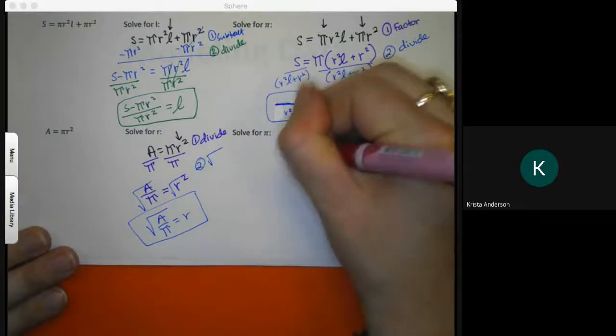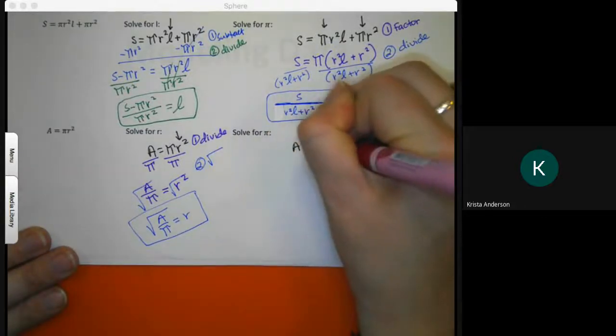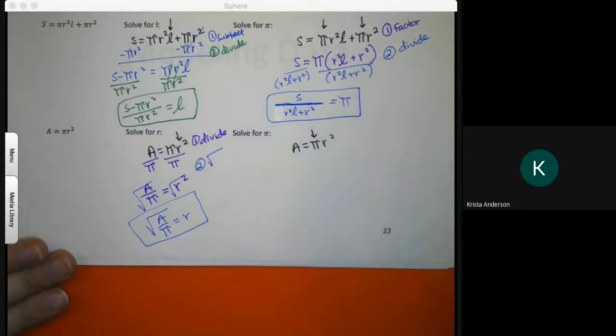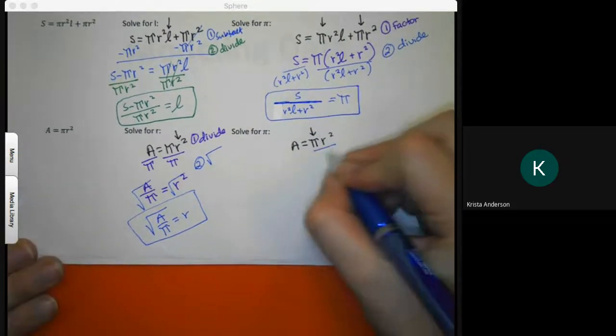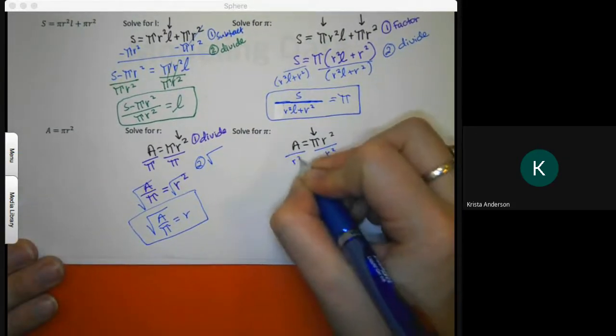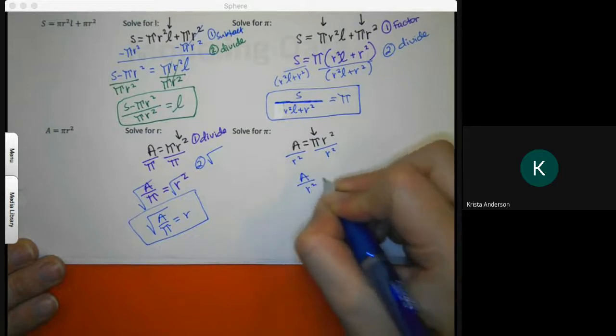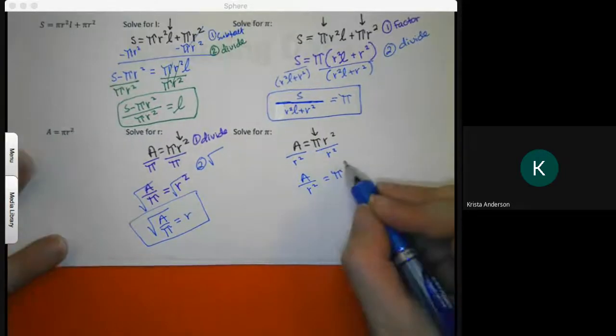Second way to solve it is if I want pi alone, then I would divide by r squared. And pi is alone, I don't have to do anything else.